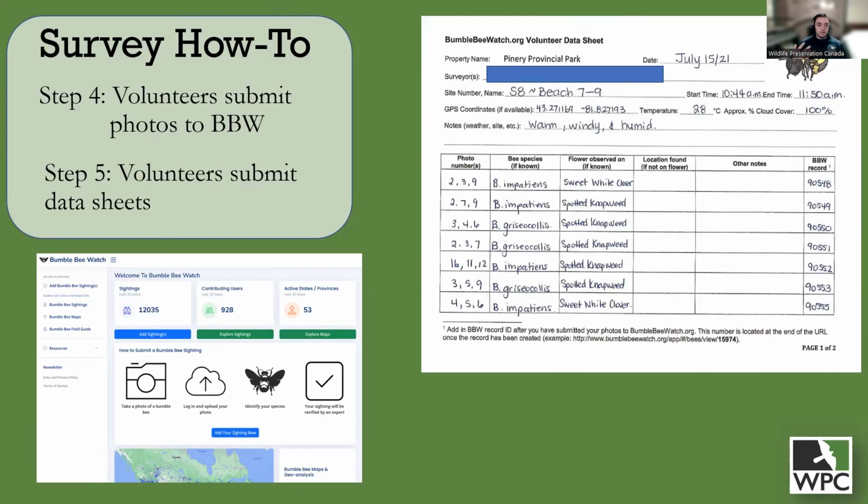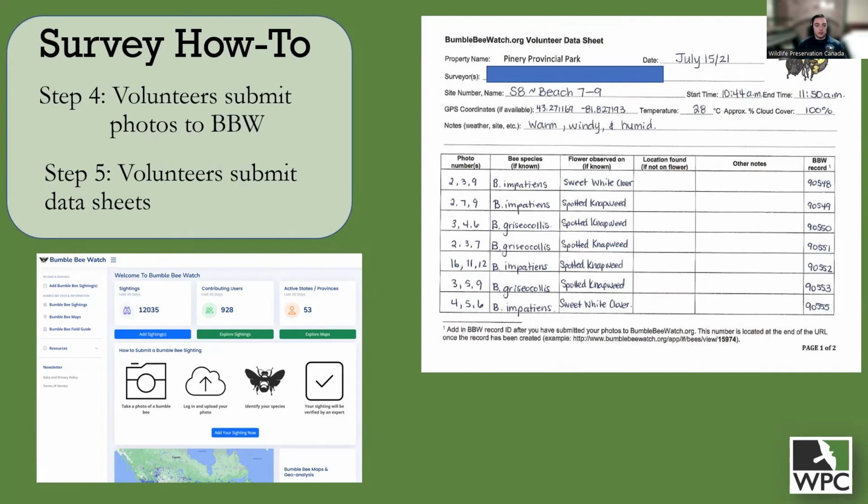And then at the end of the survey, they'll fill out the different bee species, if it was observed on a flower. And then they also have this column here referencing a photo number. This is specific to the individual surveyor. I had mentioned labeling the vials with certain unique identifiers like a time or an alphanumeric code.